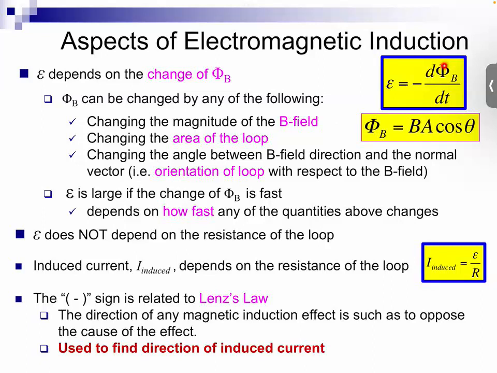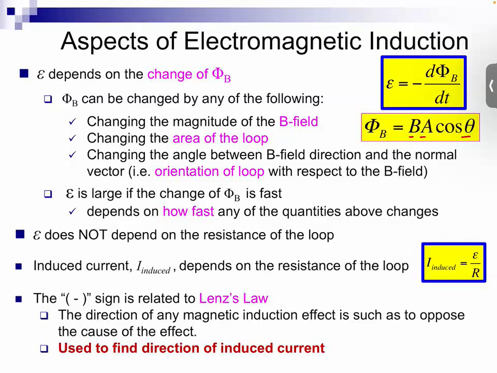So flux, we define flux to be equal to B, magnetic field strength, times the area of the surface through which the field lines cross, times cosine theta. So that means that in order to create a voltage, we can change any of these variables here that define the magnetic flux. You can change the magnitude of the magnetic field, just like what I did in this demonstration by moving this wire loop from the top with a low magnetic field strength to the bottom with a higher magnetic field strength.